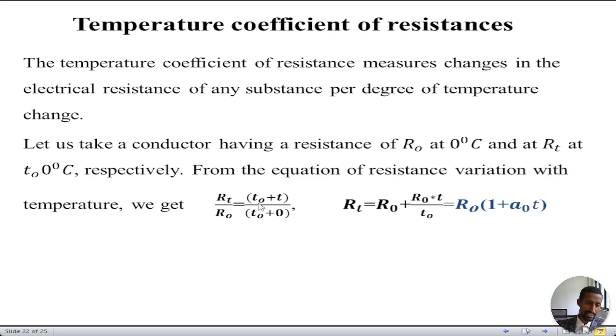Here T naught is the initial temperature, and t is at some temperature. After some temperature change, you want to know the resistance of that material. This implies Rt is equal to R naught plus R naught t over T naught.